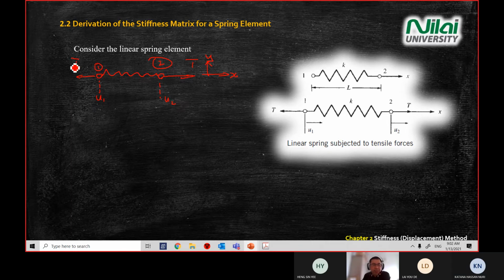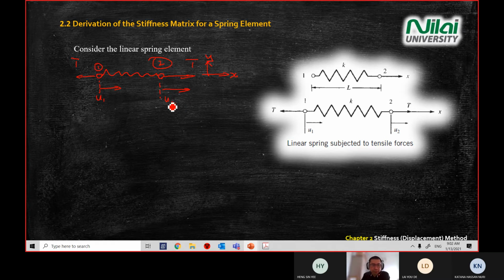Now you also understand why later on your value of T will become negative, because of the opposite direction. Now we focus on displacement. Before you do analysis, let's say you assume the direction of displacement is to the left for both points. Let's say you assume U2 and U1 both to the left.